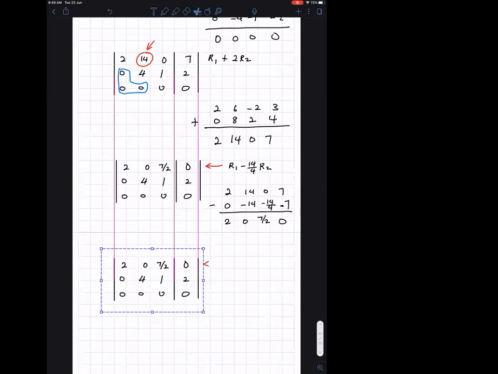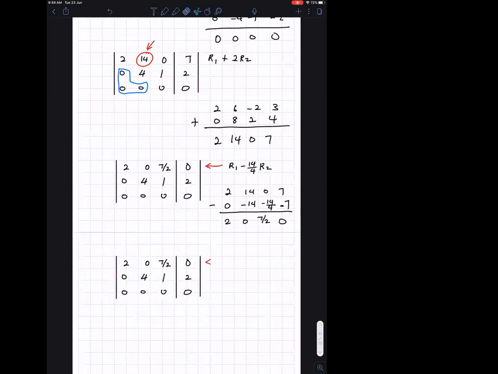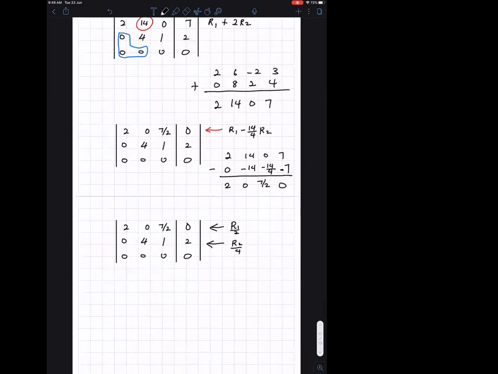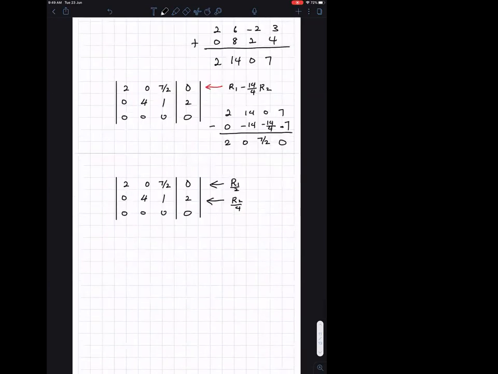Since this is easy to do, I'm going to do this simultaneously, in a single step. I'm going to divide row 1 by 2 and row 2 by 4.